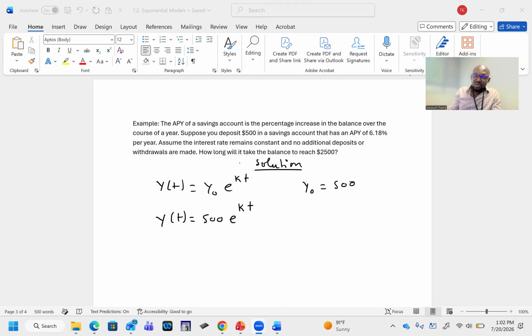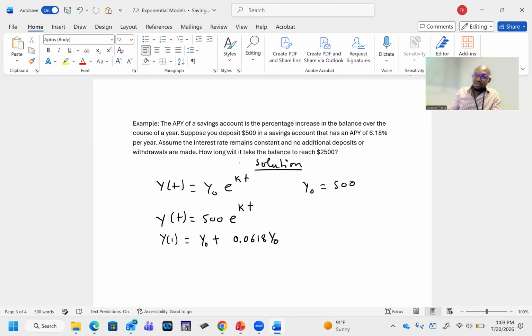So y1 will always increase, which means you already have y0, so it will be y0 plus 6.18% of y0. 6.18% is 0.0618 y0.